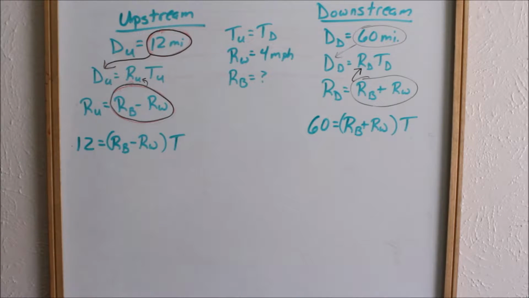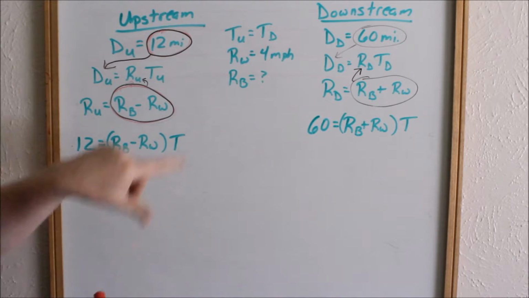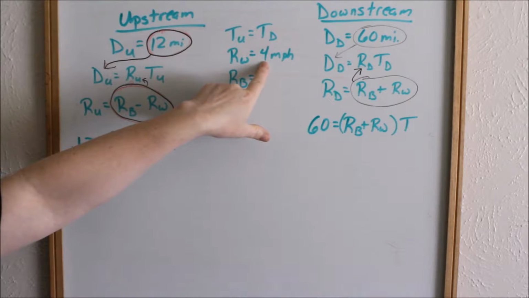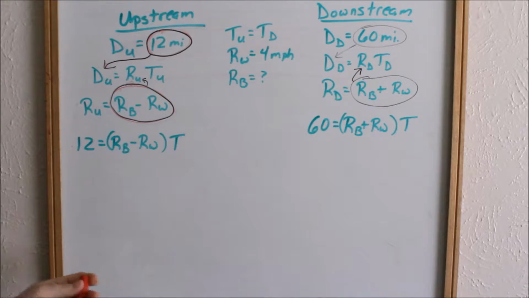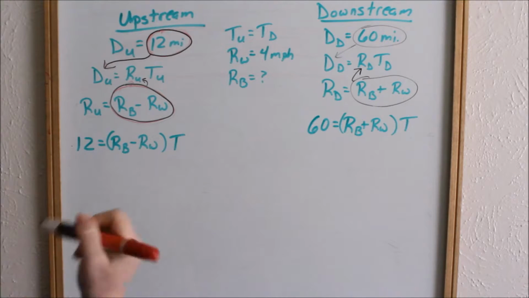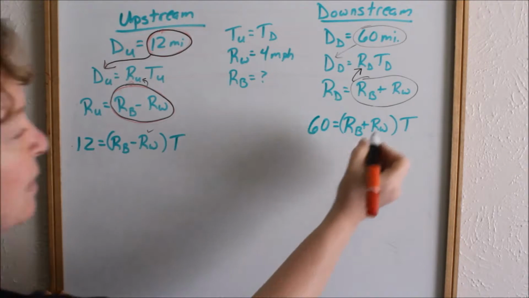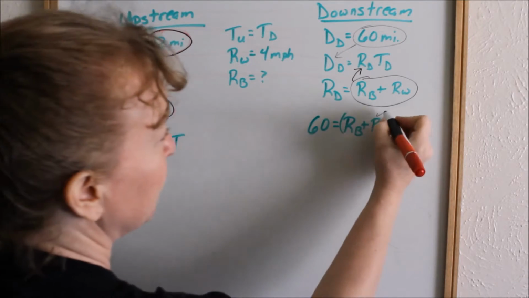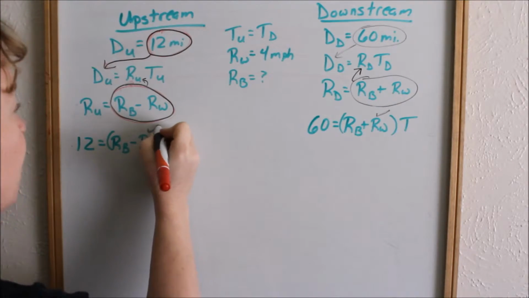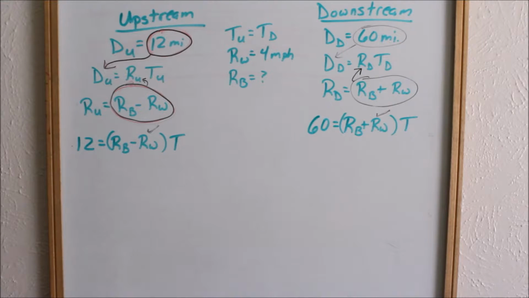Let's look at what else we know from the information in the problem. We were told that the rate of the water is 4 miles an hour, so we can plug that in right here. It's the same for both upstream and downstream. The rate of the water doesn't change.